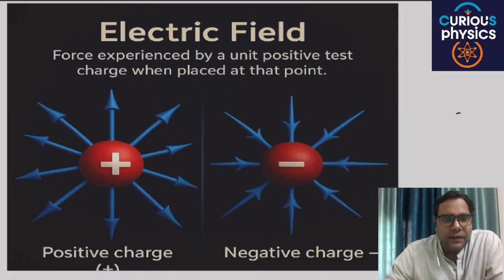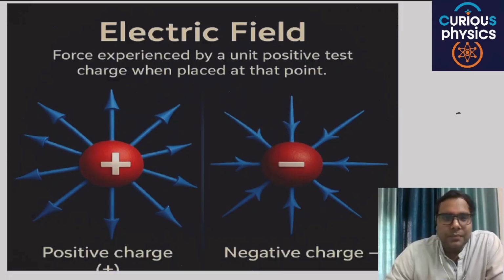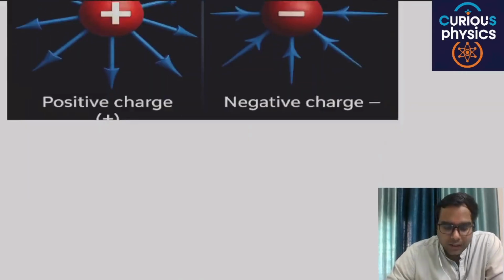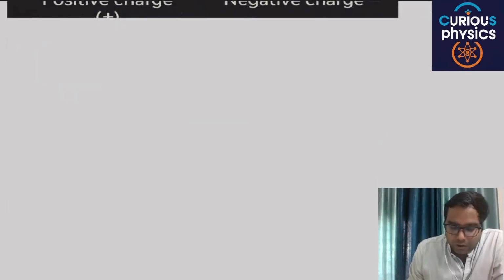So the electric field is basically the force experienced by a unit positive test charge when placed at that particular point. The definition is okay, but the conceptual clarity should be there. It is basically the influence, or you can say the impact, of a charge on a particular point.